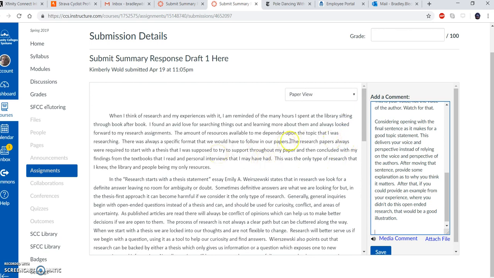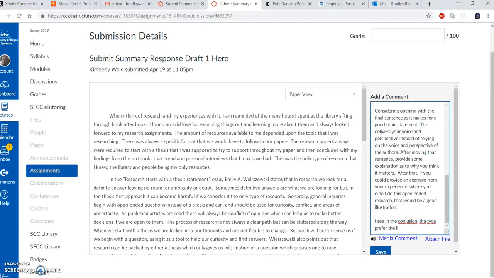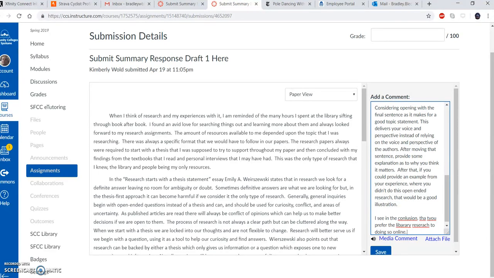But what we want to do is think about, so what I'm looking for here is something. I see in the conclusion, I have less than a minute, that you prefer library research to doing so online.